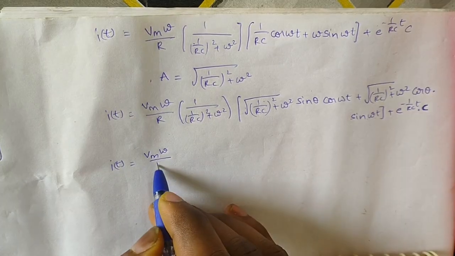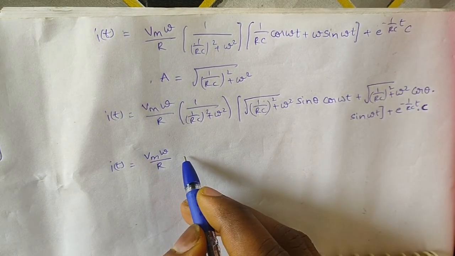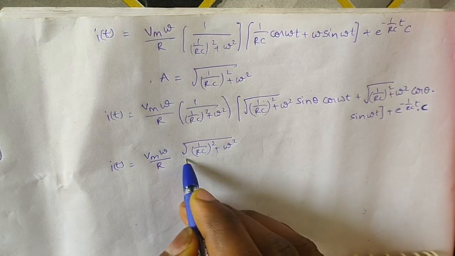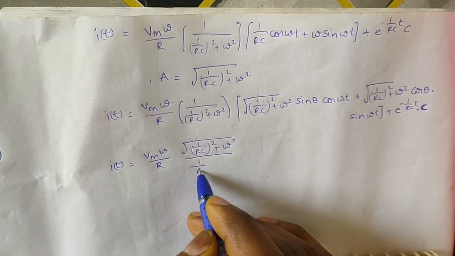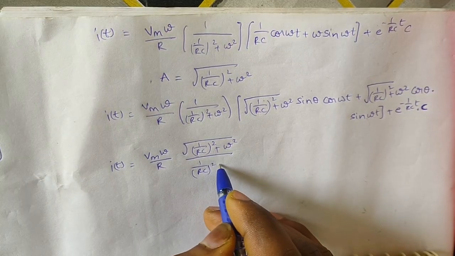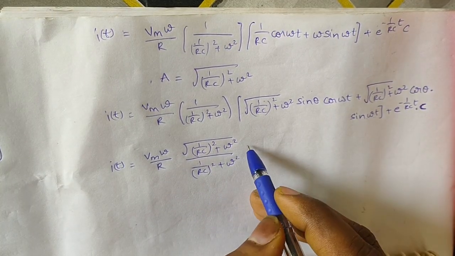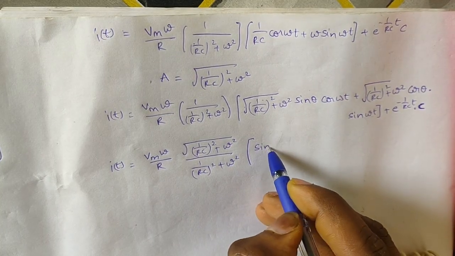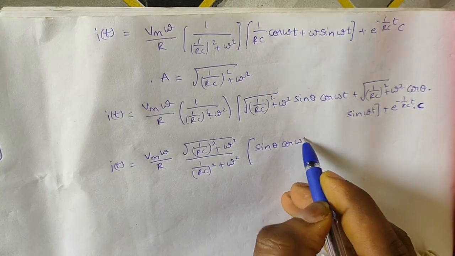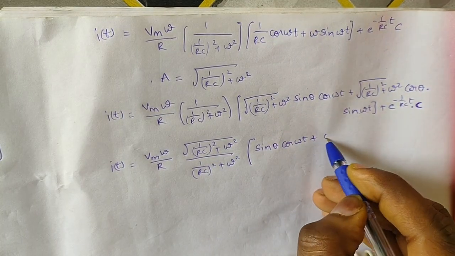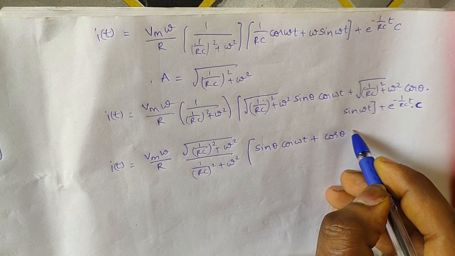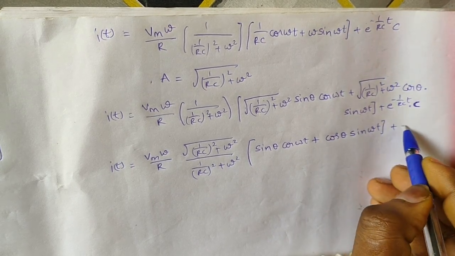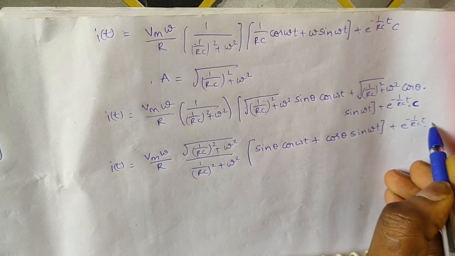Vm by omega by R, under root of (1 by RC) whole square plus omega square, by (1 by RC) whole square plus omega square, into sin theta cos omega t plus cos theta sin omega t plus e power minus 1 by RC into C.